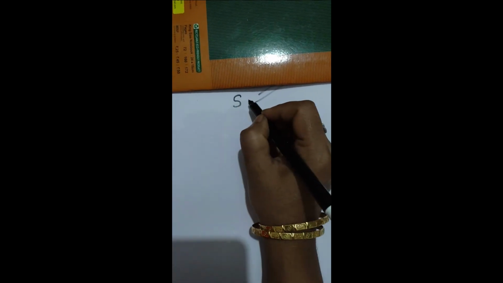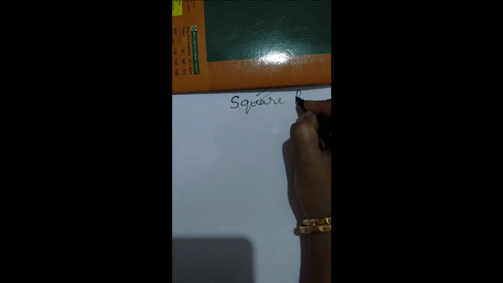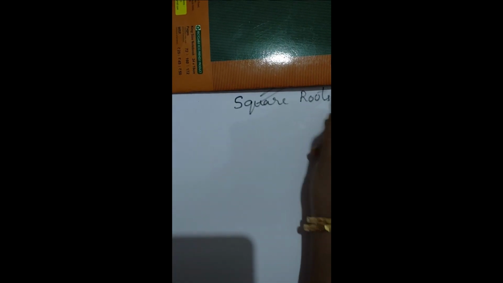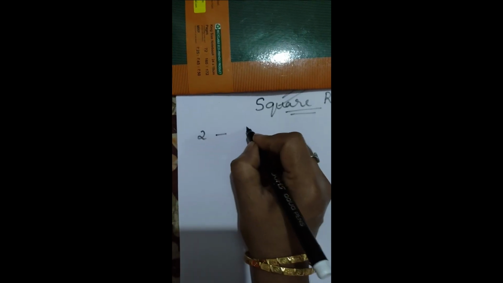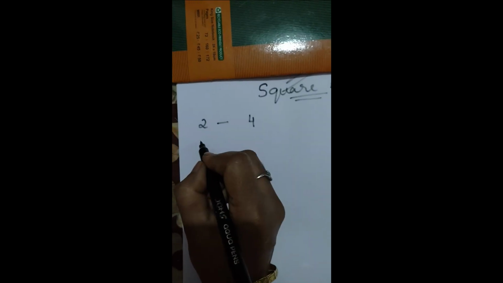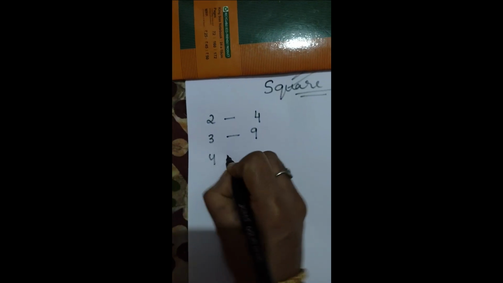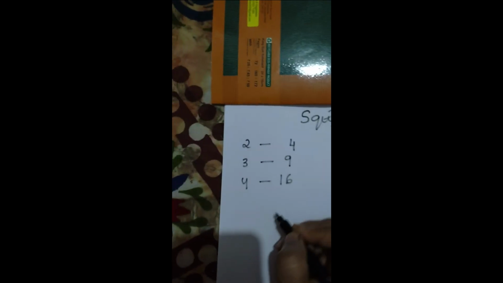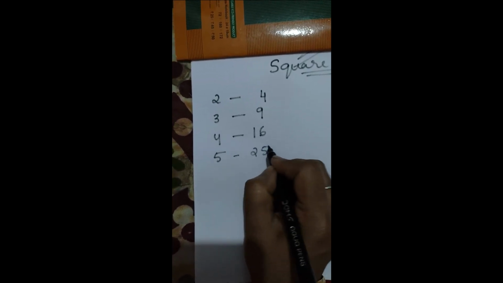Just to make your maths life easy, I'll just write some squares. That is basics one. Okay. So for 2, what is the square? 4. For 3, 9. For 4, it is 16. For 5, it is 25.